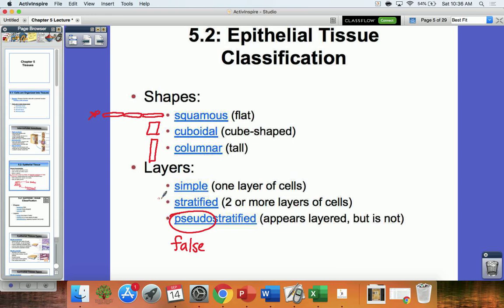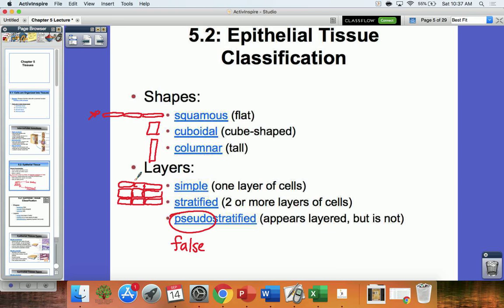Stratified is if we had, let's say these were squamous cells, but we have multiple layers of squamous cells. And so this would be our stratified epithelial. And so when we name epithelial tissue, we don't just say this is squamous or this is stratified.